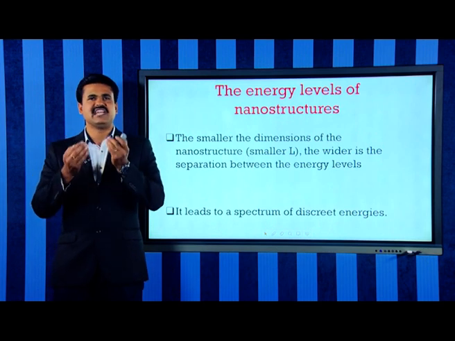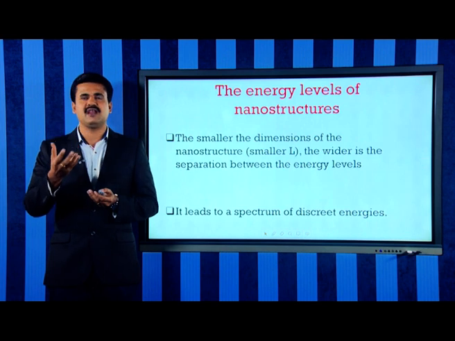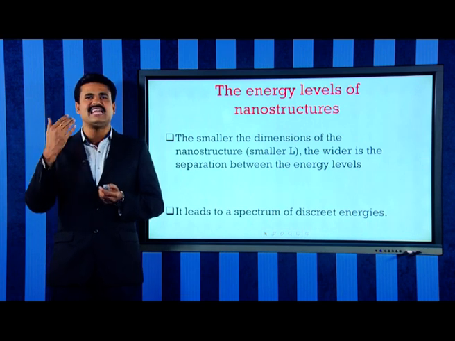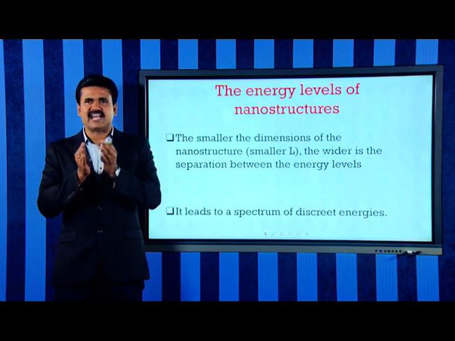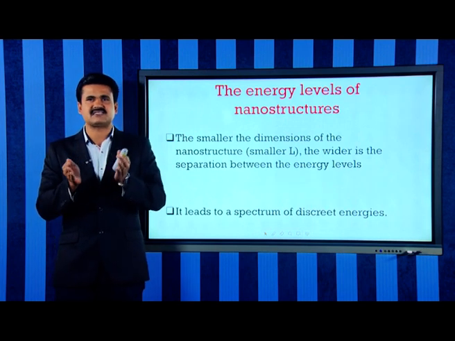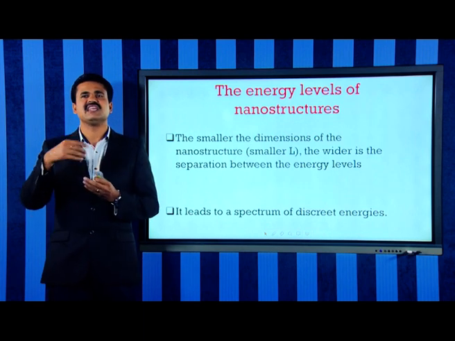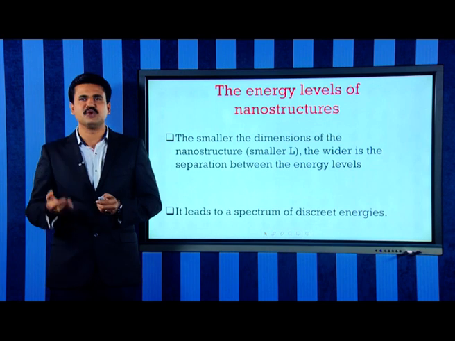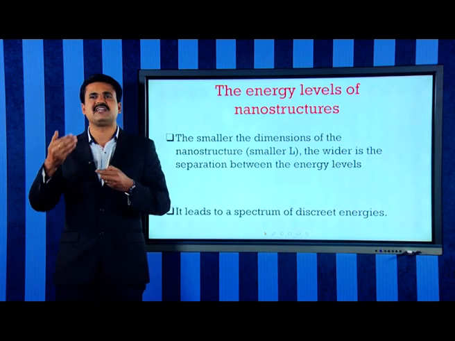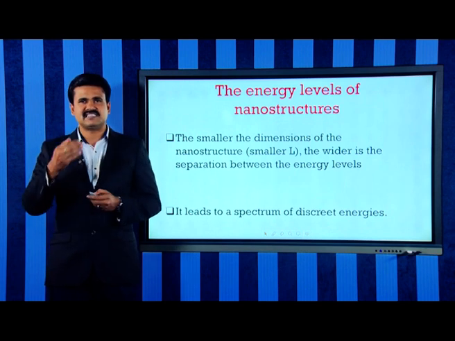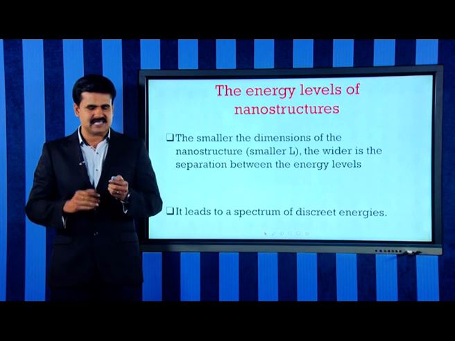That is, whenever we are taking a quantum dot or nano well or a nano wire or any such nano system, and if we change the dimension, the size, the edge length, we can tune the emission color during the phenomenon of luminescence. That is, we can create a spectrum of different colors. That is simply termed as the size tunable emission that we will see.